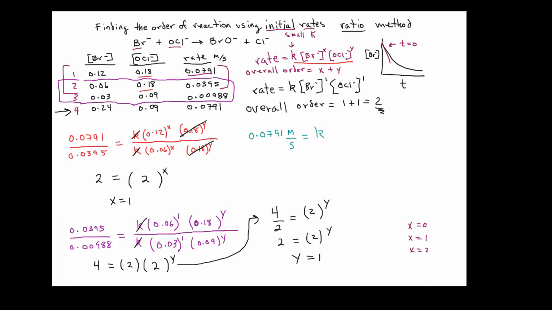This will be equal to K times the value for the Br minus, 0.24, in units of molarity, and that's also raised to the first power. The concentration of OCl minus is 0.09. This is also raised to the first power, and let me get my molarity in there. And so my rate constant in this case is going to be equal to 3.66, and the units are going to be molarity to the -1 and seconds to the -1.